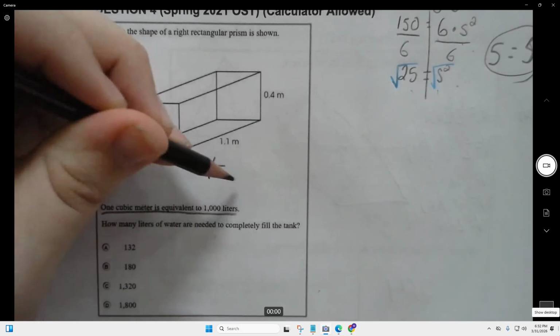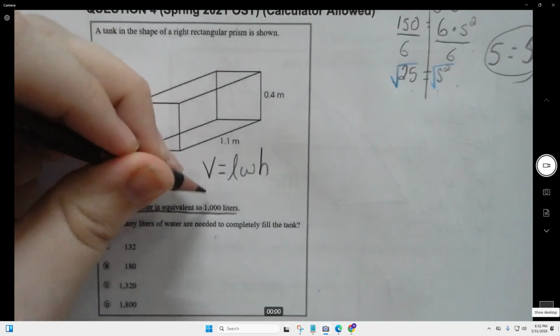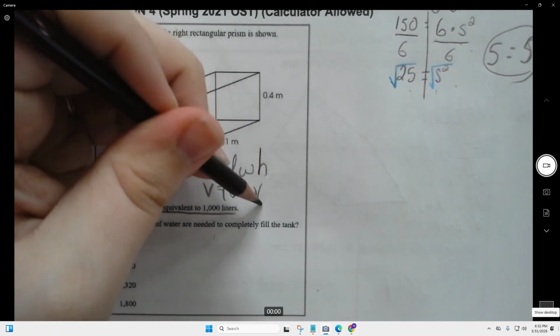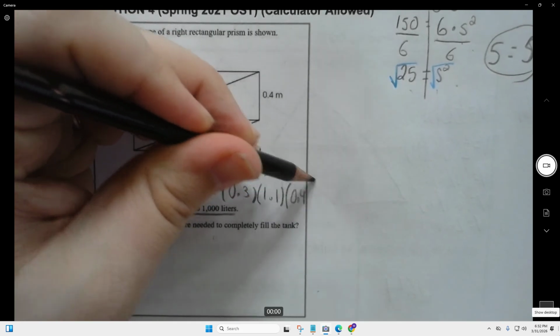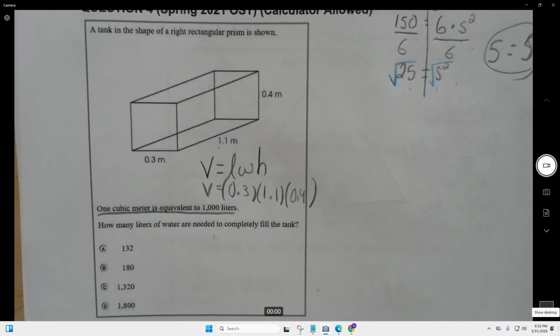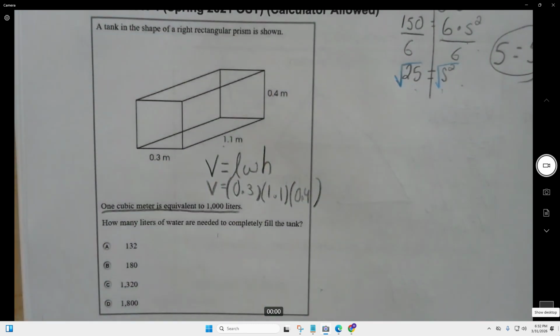The volume is equal to length times width times height. Or in this case, it is 0.3 times 1.1 times 0.4. The length, the width, the height.